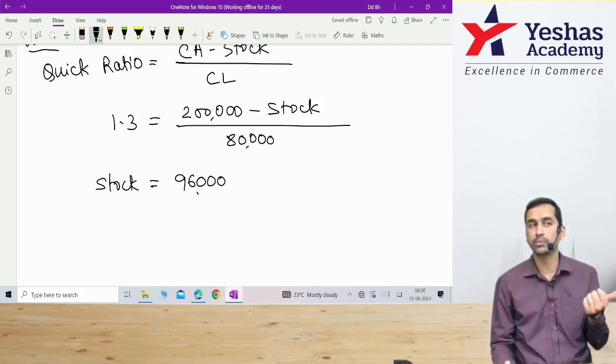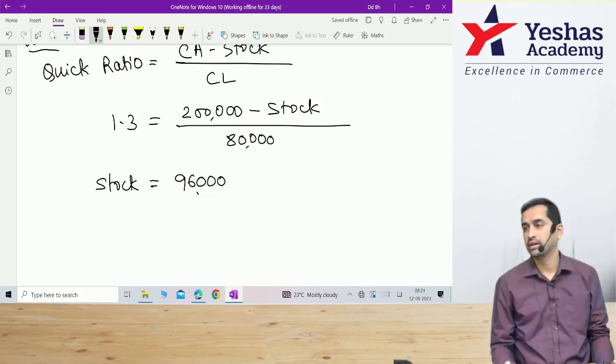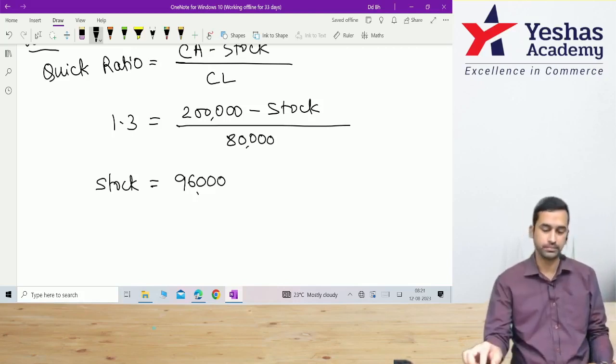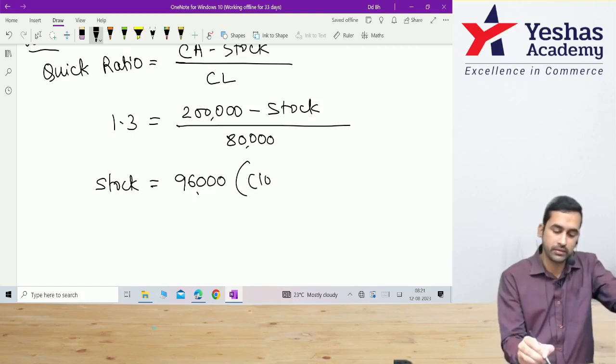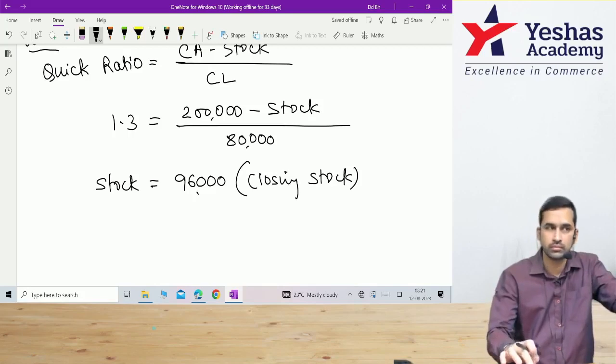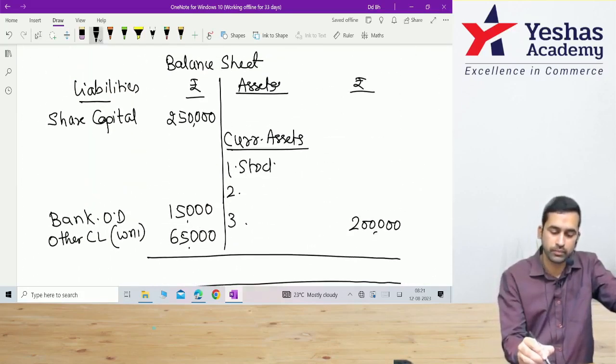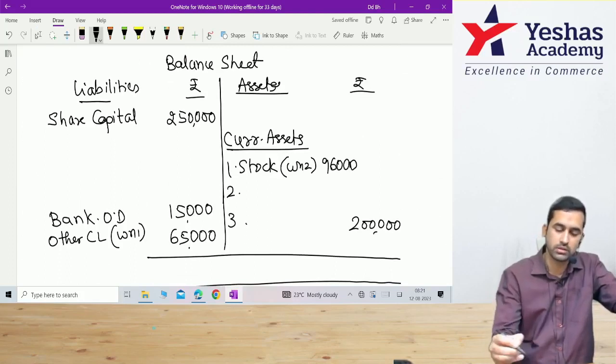And why do I need opening stock today? We did not do this in yesterday's class because we are doing trading P&L account. Their debit side, we can fill this as opening and 96,000 as closing stock, in bracket. First fill it in the balance sheet. This number here, stock, working note 3, 96,000.